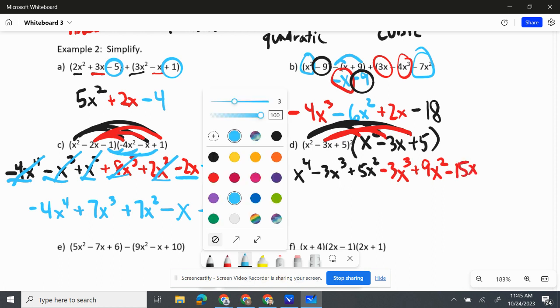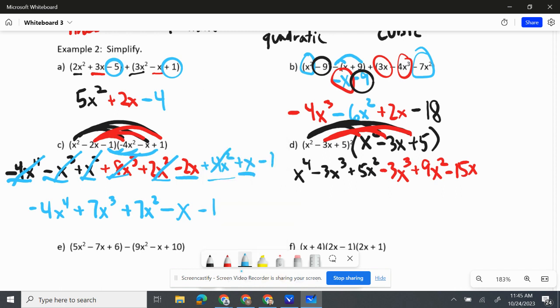Then I'm going to take the 5 times x squared, which gives me 5x squared. 5 times negative 3x is negative 15x. And 5 times 5 gives me 25. I'm going to add the like terms. I keep the x to the fourth. That's the only quartic term.